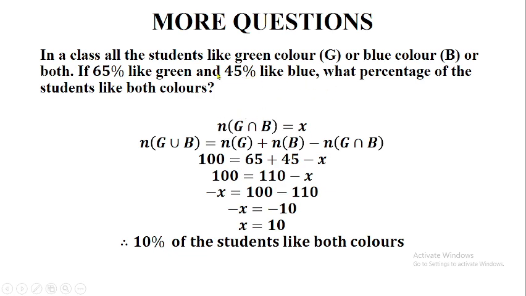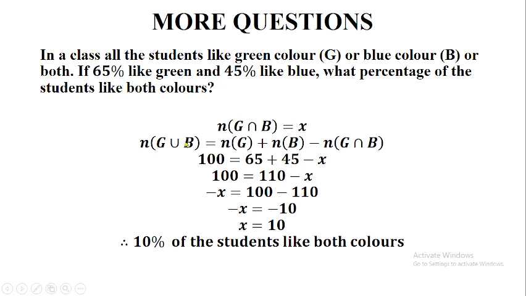Because no student is idle. All of them like either green or blue, so we can easily use the formula. Now we have to find what percentage of the students like both colors, which is the intersection between green and blue. So we can represent that by x.